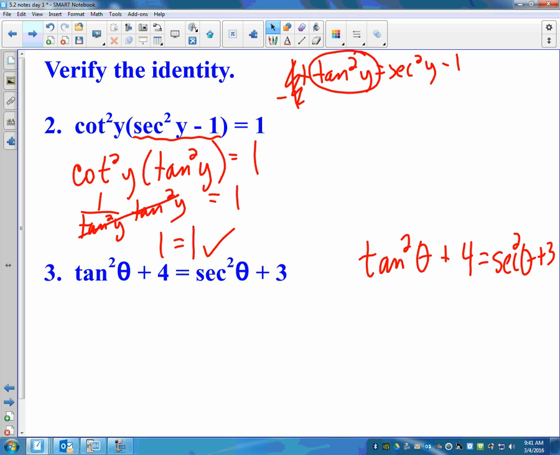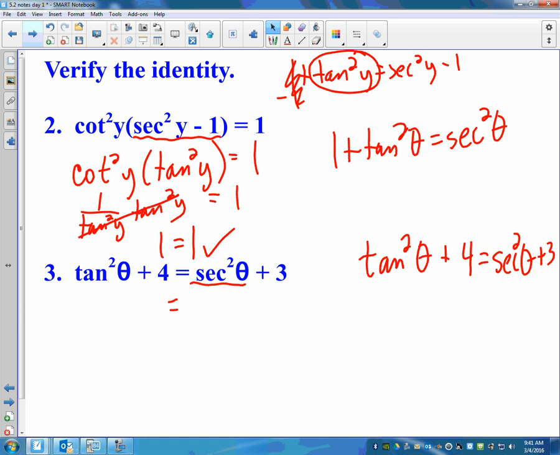Real quick, what's not okay to do here is to subtract 3 over here. Follow me on that? It's not an equation, so you cannot subtract 3 and then say tangent squared plus 1 equals secant. That's true, but that's not what that equal sign means, right? So just make sure that we're not treating it like that. But if I know 1 plus tangent squared equals secant squared, if I chose to work on this side, could I replace this secant squared with 1 plus tangent squared?